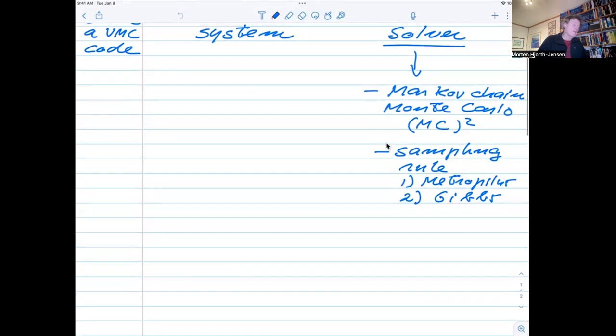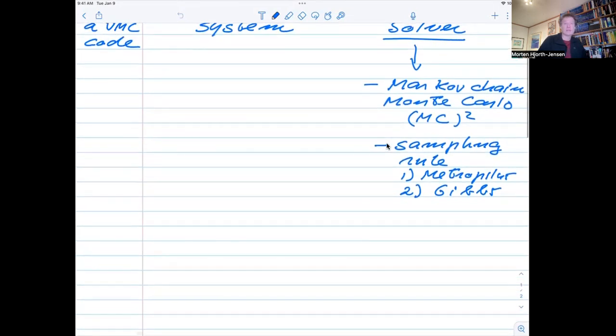If we are still looking at this solver part, what we need as a next piece, and this is very important, is to be able to evaluate the errors.